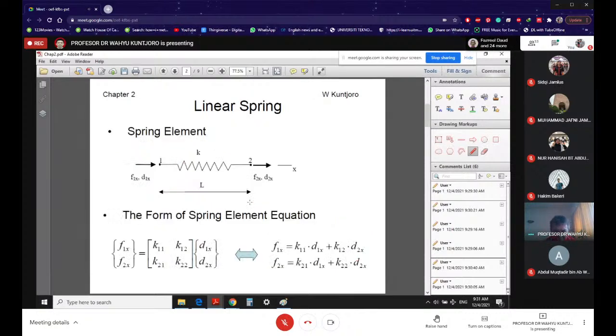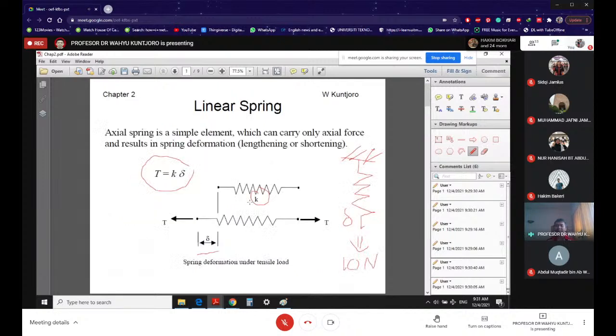Now, what you see here is the finite element of the spring. So this is the spring according to finite element. What you see here is the spring according to your high school, when you learned about the spring a long time ago. But you know that we have this formula over here.